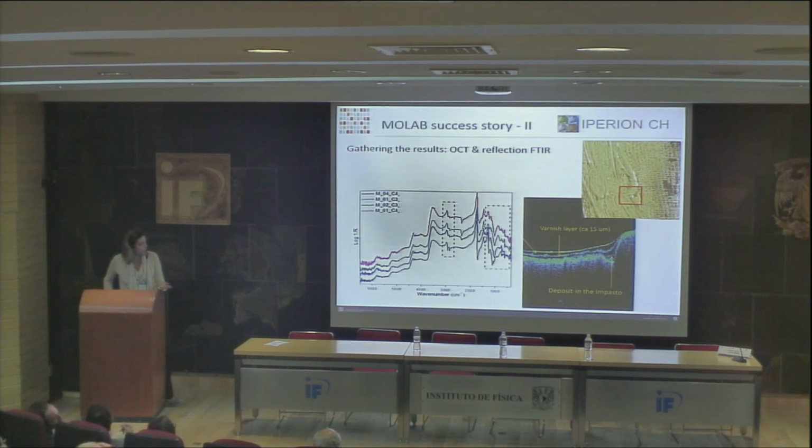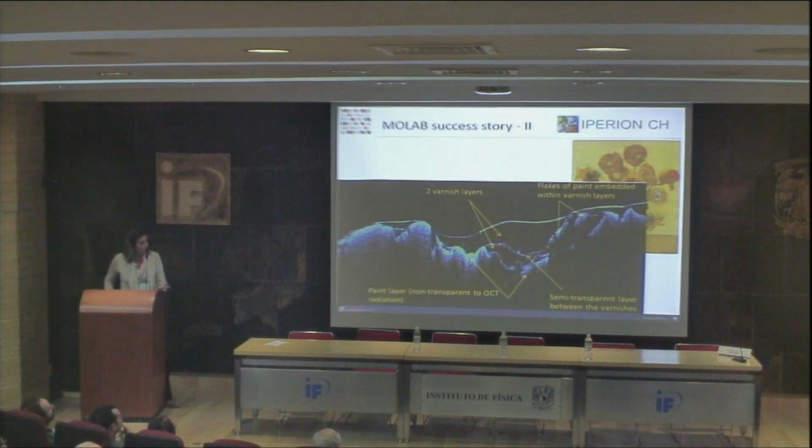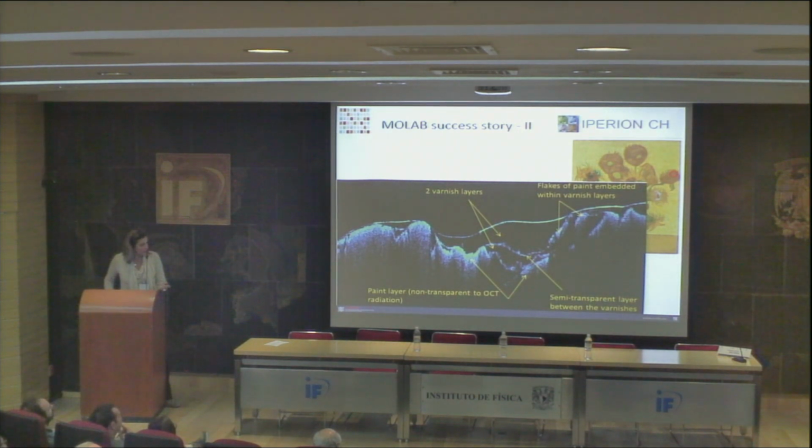And this is the result of the FTIR measurement. Another example of OCT measurements, and as you can see, when there is more than one layer, FTIR measurements were done in order to provide information about the composition of the varnish layer.